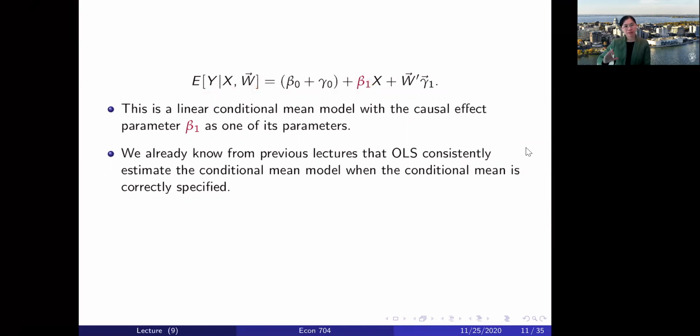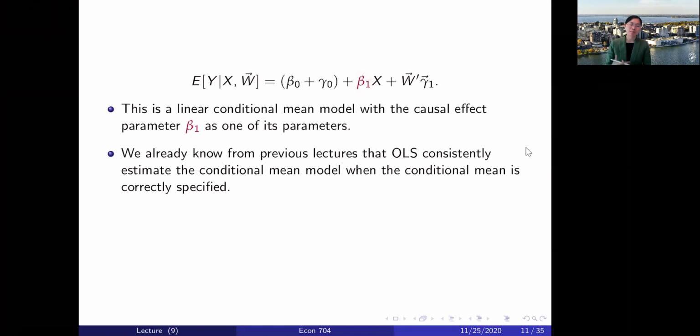So now we see how we can use the control variable that makes x satisfy the conditional random assignment assumption to consistently estimate beta 1. Right?